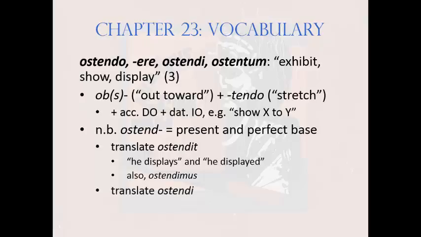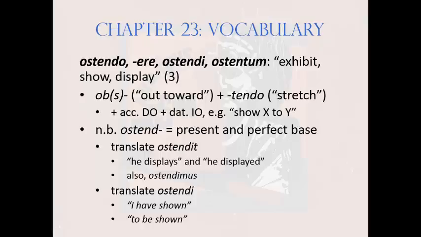Now translate, please, ostendi. If you take the ostend base here as perfect, it means I showed, I have shown. But if you interpret it as the present base, ostendi translates as to be shown, the present passive infinitive.